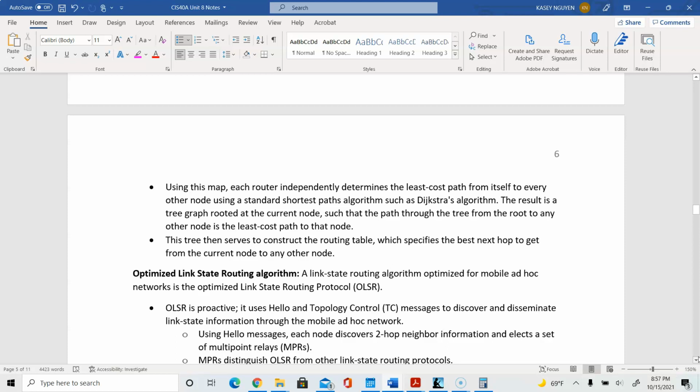So it is a link state routing algorithm, but what it's going to do is communicate based on two neighbors. It's going to say hello to the two neighbors, and it's going to relay the information about the communication across the two neighbors.